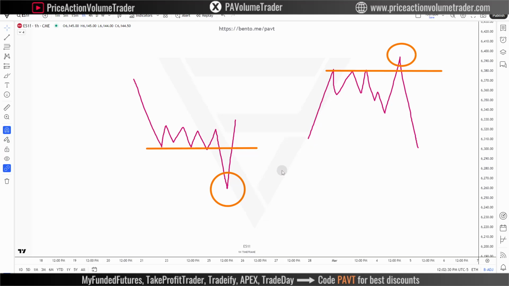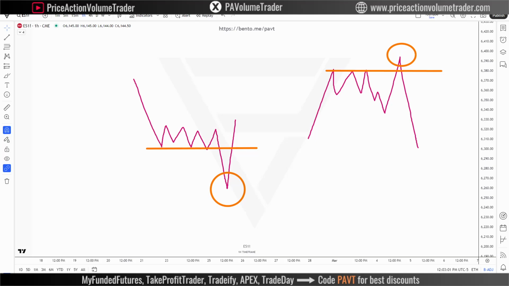This is how we know that big institutions are getting positioned, because only large traders have the position sizing to actually move the markets. So we want to try to tag along with them. Levels just beyond very prominent and obvious highs and lows are areas where anyone that is long has a stop.